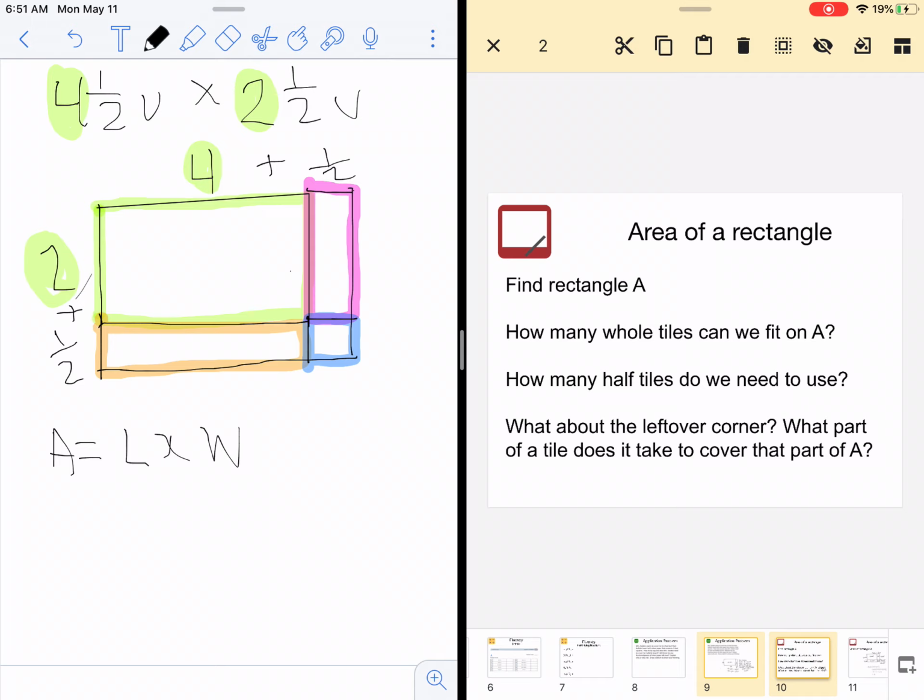So let's use multiplication to confirm the area. And let's start with our ones, okay?